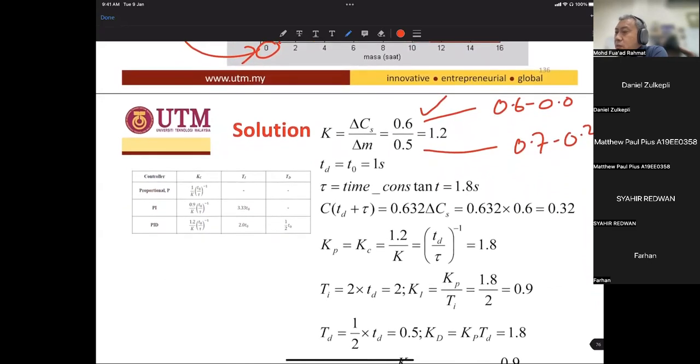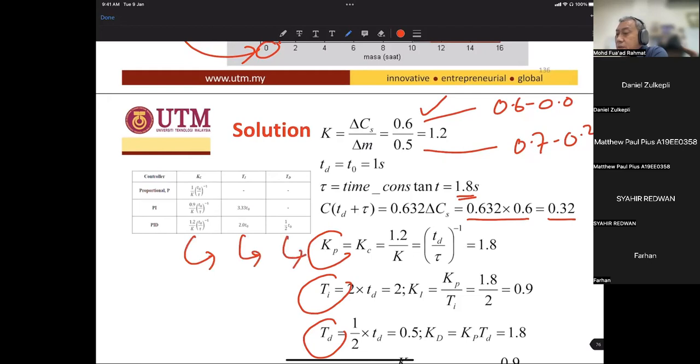Time constant is 1.8 seconds, which is 63% of the final value. So you insert the TD and tau together, TD plus tau, which is 0.632 delta CS. And from there, you calculate the KP using the table, TI and TD. So just pick up from here.